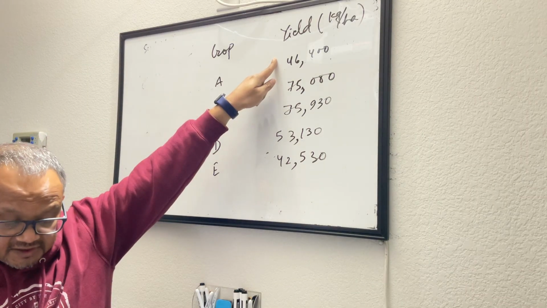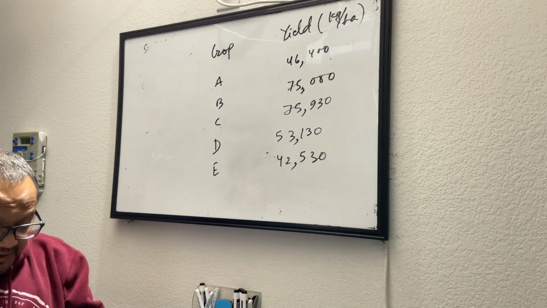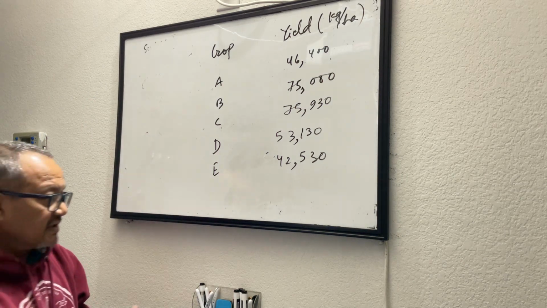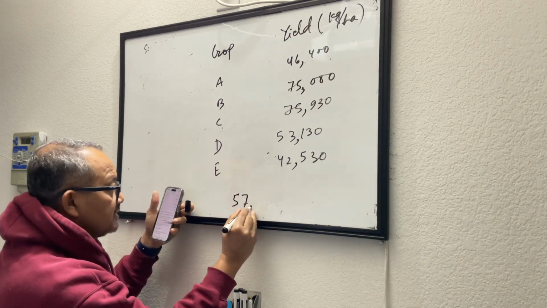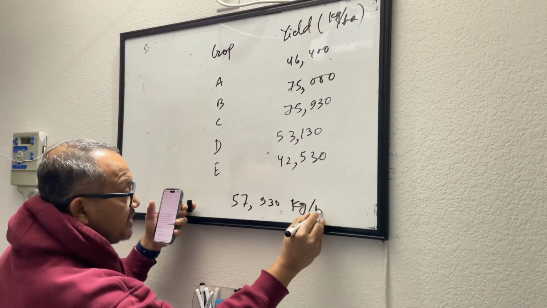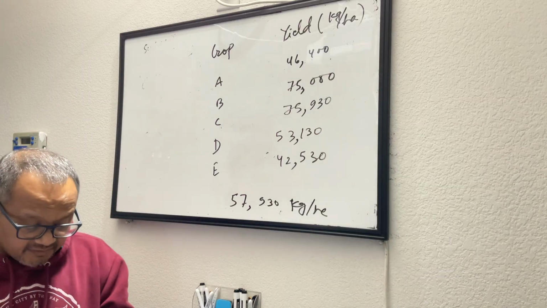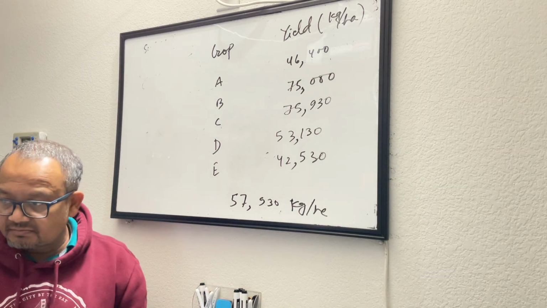The table gives the result, as you can see. If the farmer tried a new variety with a 57,930 kilogram per hectare yield, how would it affect the median and mean of the crop yields?